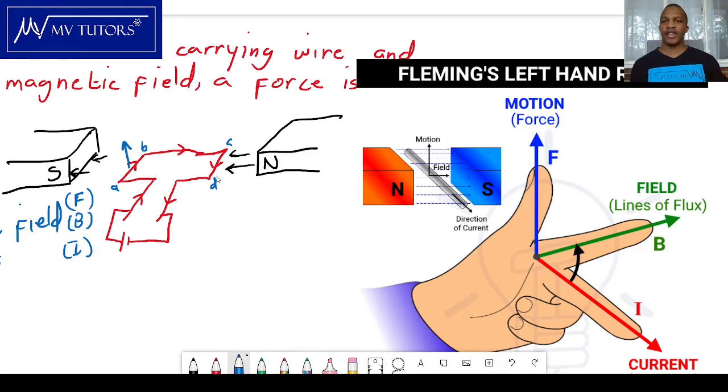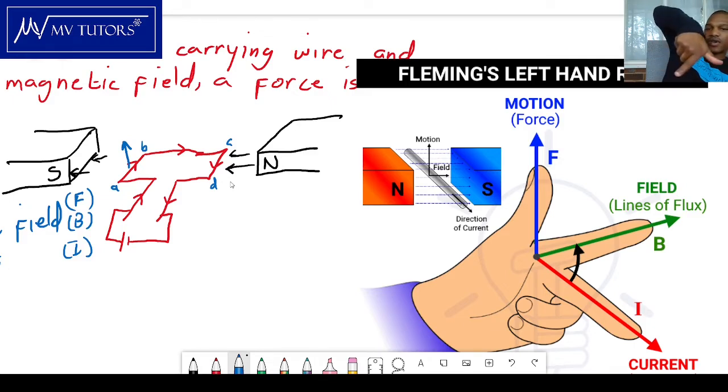Now let's look at this side, CD. The magnetic field is still moving that way, but now the current is no longer moving into the screen, it's moving towards you. So the only way I can keep this left hand orientation is if I turn my hand down like that. You see now what's happening?